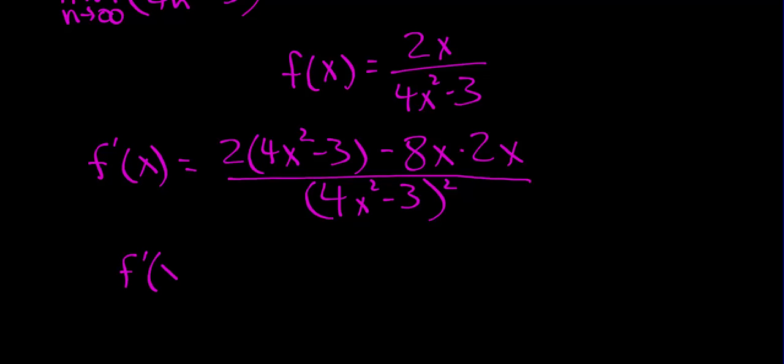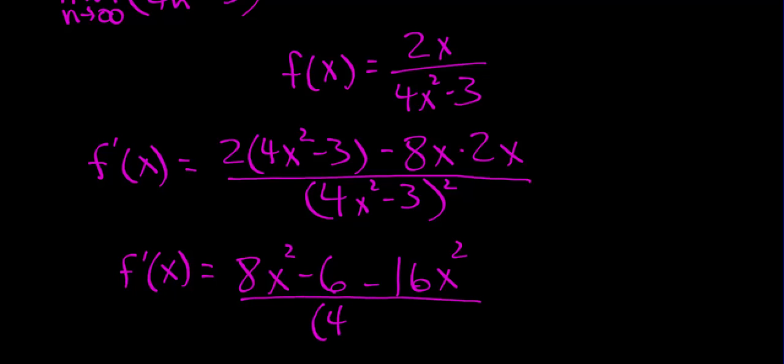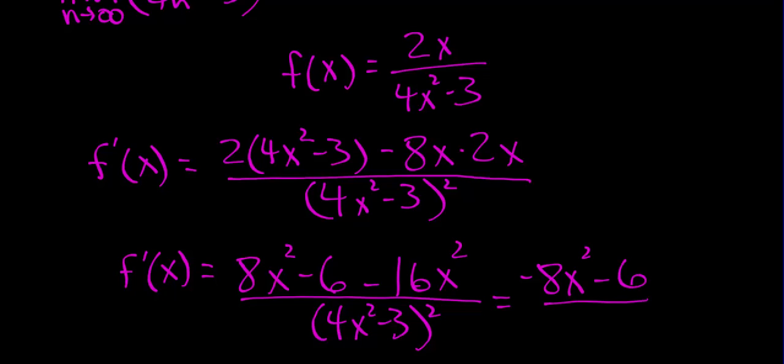We've got f prime of x is equal to 8x squared minus 6 minus 16x squared all over the bottom. And generally, remember, we're not going to multiply out the bottom. That's usually not going to get us where we want to go. So now what we have here is negative 8x squared minus 6 all over 4x squared minus 3 squared.